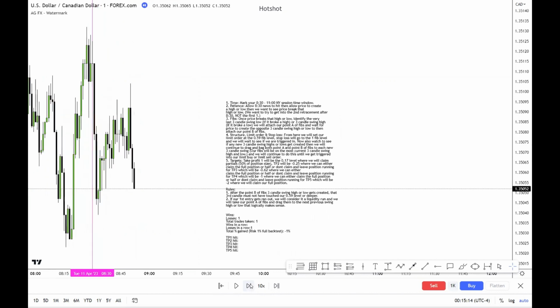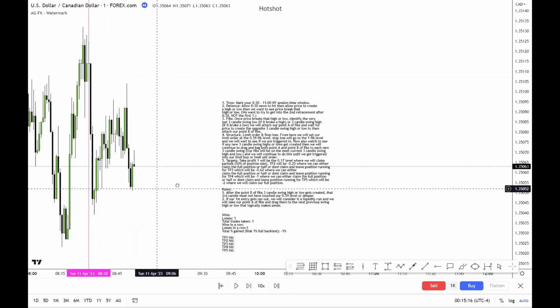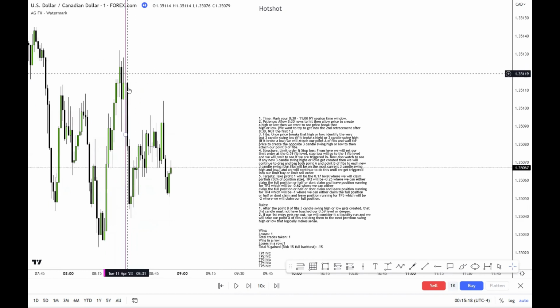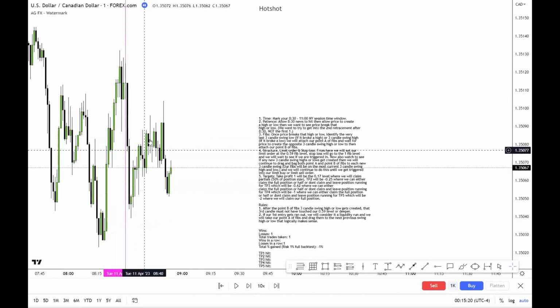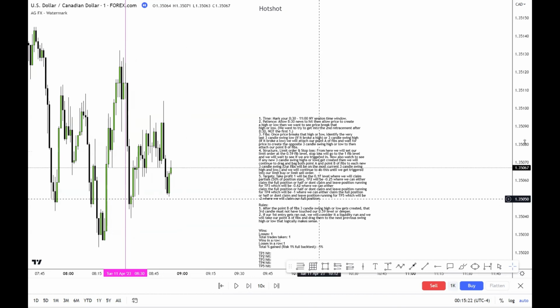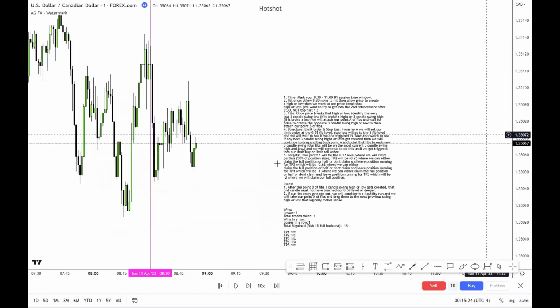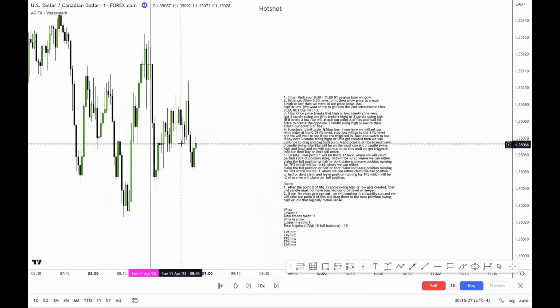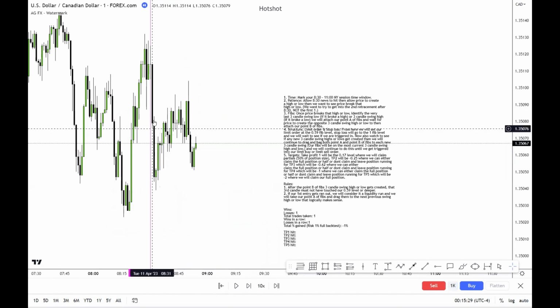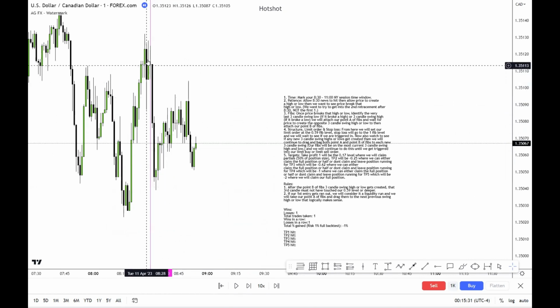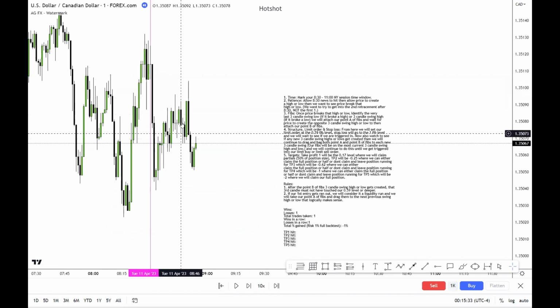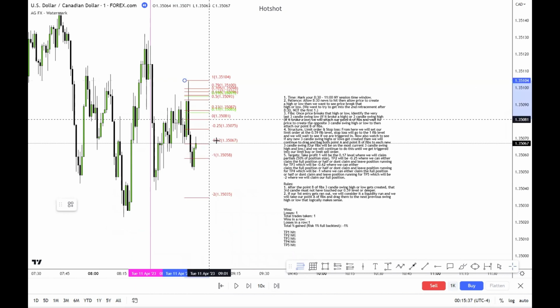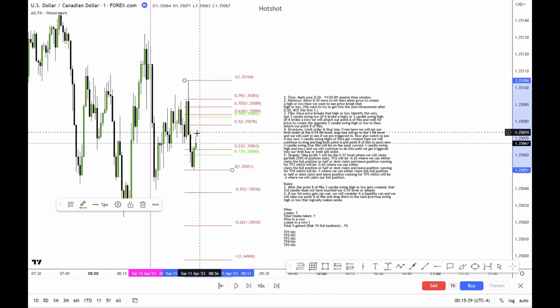Now, let me know if you guys think maybe it'd be better to get in on this first impulse, the retracement, and then look for an entry, or what you may think. And at this point as well, we can also look to trade the inner swings, like right here from this one to this could be a good entry.